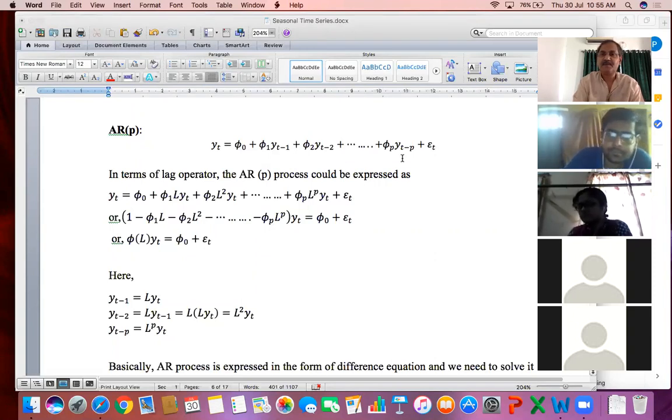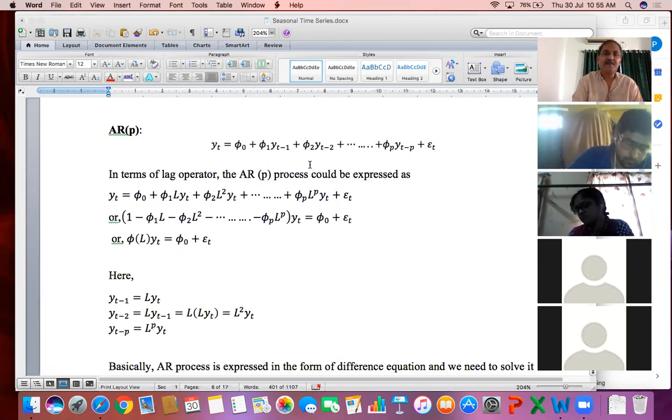If a series contains a unit root, then we can convert the series into a stationary one just by taking differences. If a series contains 1 unit root, we need to take the first difference to make it stationary. If the series contains 2 unit roots, we need to take the second order difference to make it stationary.